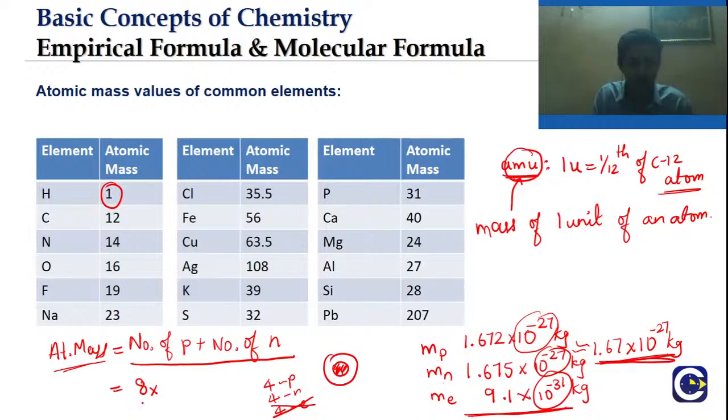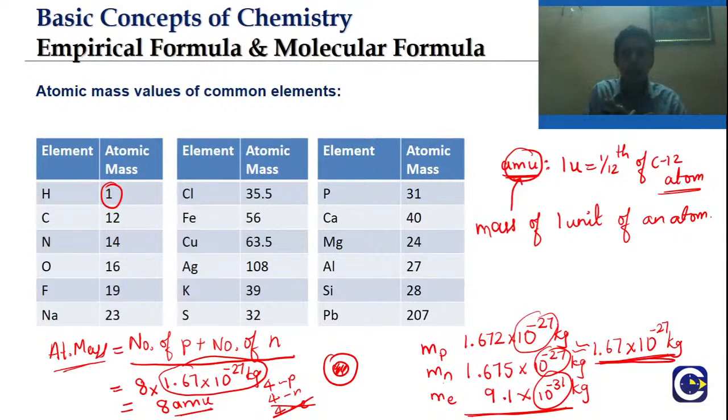Either I can write 8 into 1.67 into 10 power minus 27 kg, or I can write 8 AMU, because this is only the mass of 1 unit of atom, or atomic mass unit. That is why we came up with AMU as 1 by 12th of C12 atom.